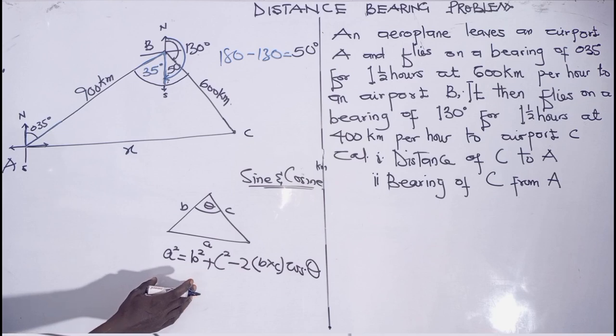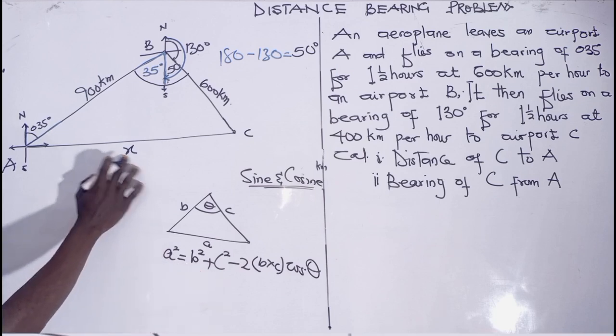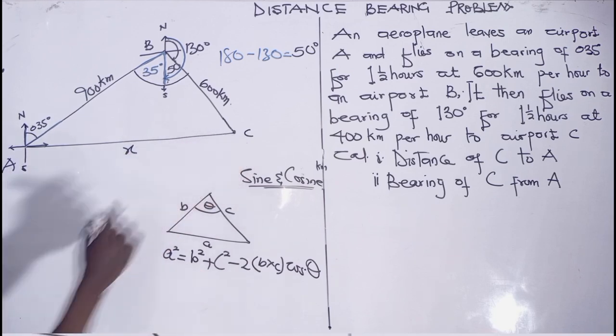So we are going to apply this cosine rule to find the length of A to C.